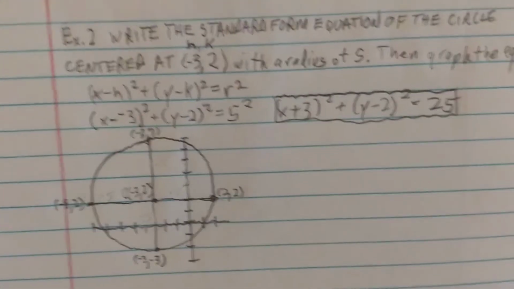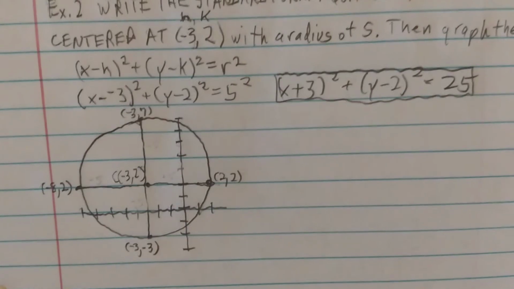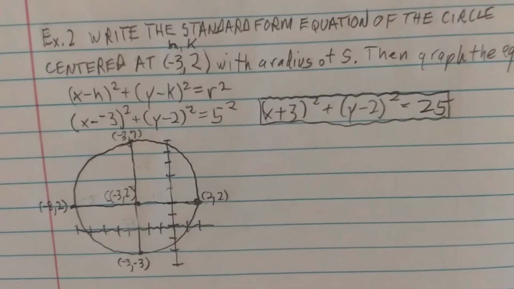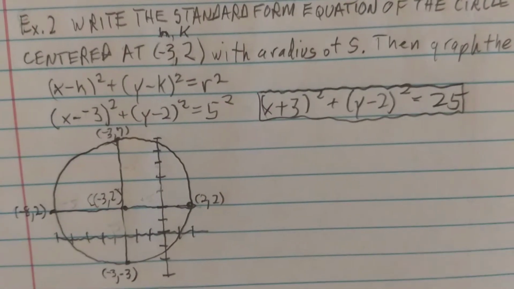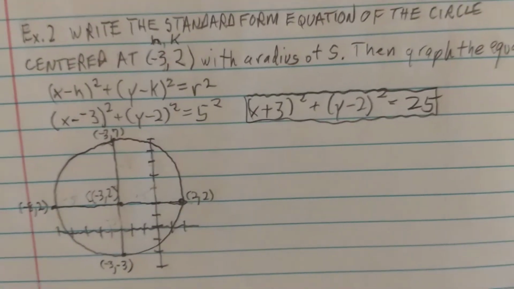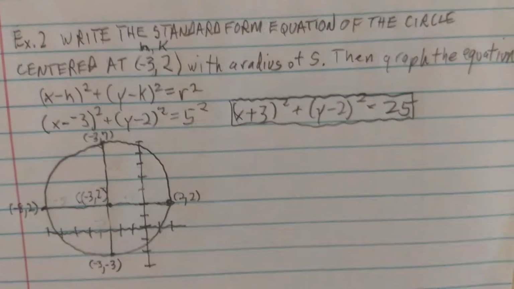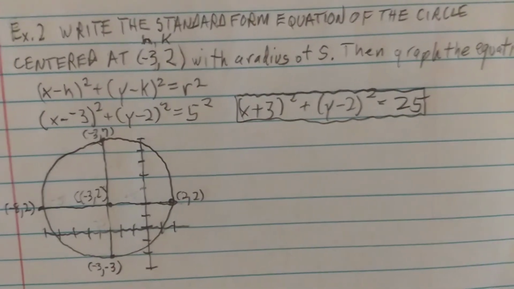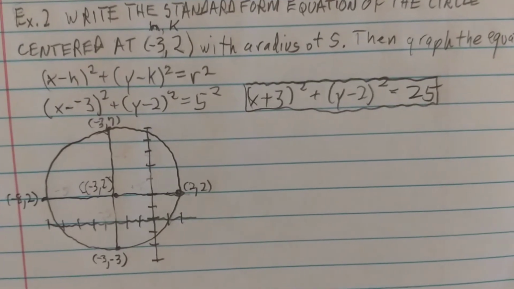Now in this homework and several homeworks to come, we're going to be asked to graph, but I don't think you need graphing paper, so watch how we do this. So we have to match up minus 3, so in order to match that up, we're going to have x plus 3, because I have to have the opposite sign of x plus 3 squared to get it to be minus 3 for the center.